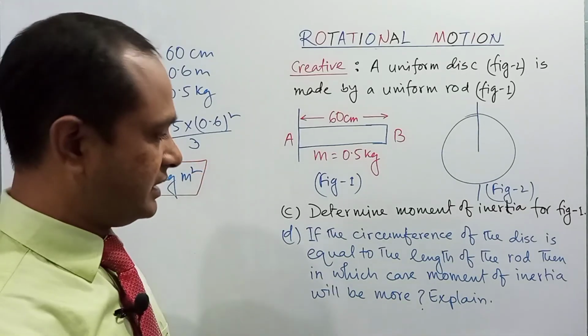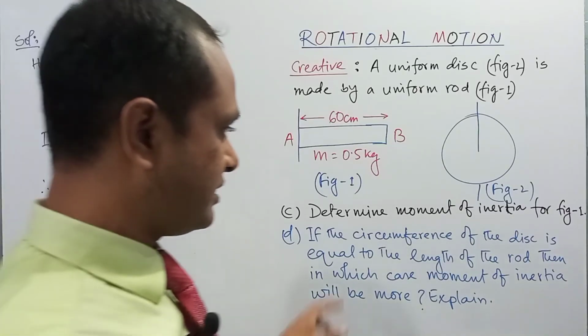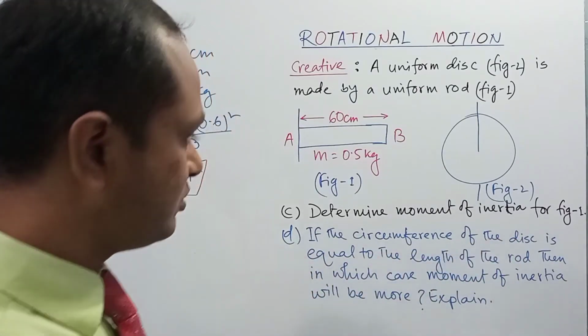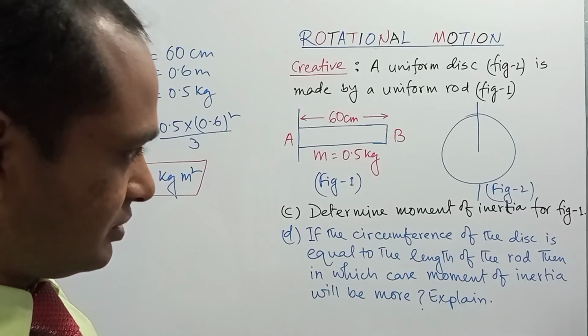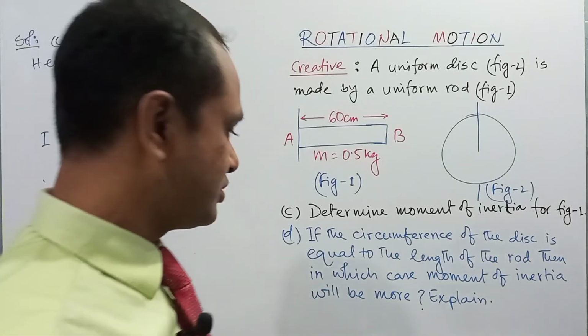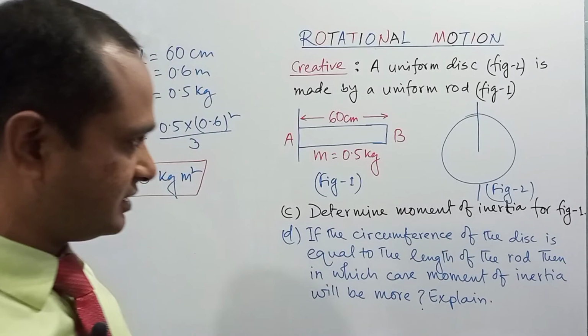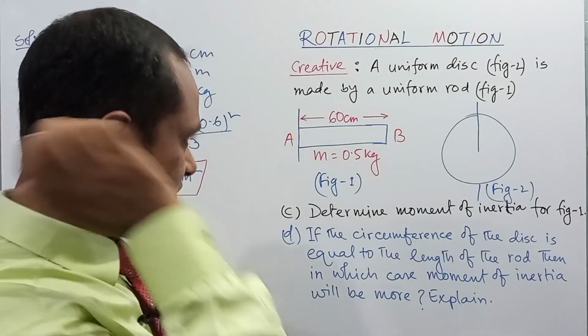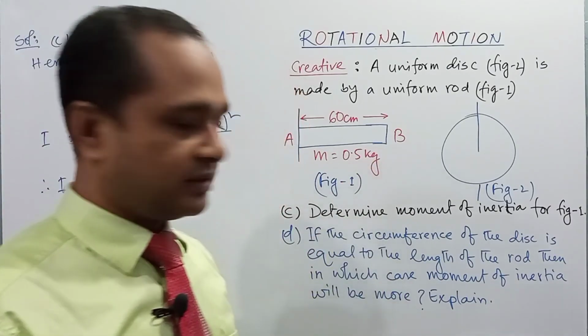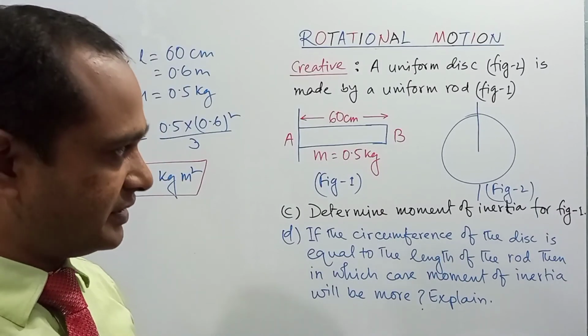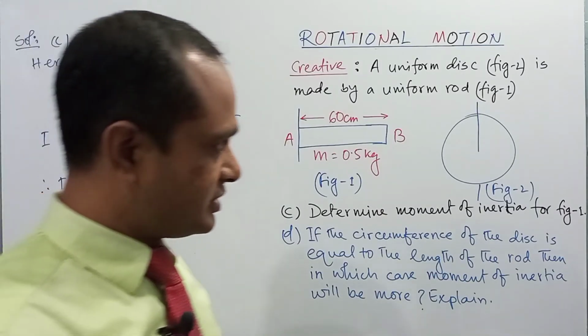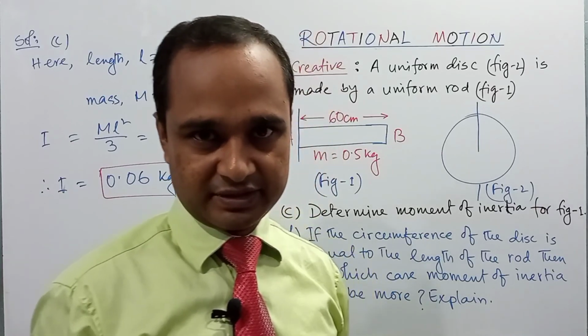Now in question D, they said that if the circumference of the disc is equal to the length of the rod, then in which case will the moment of inertia be more. Explain. So dear students, to determine the moment of inertia of a disc, we need the radius of the disc.